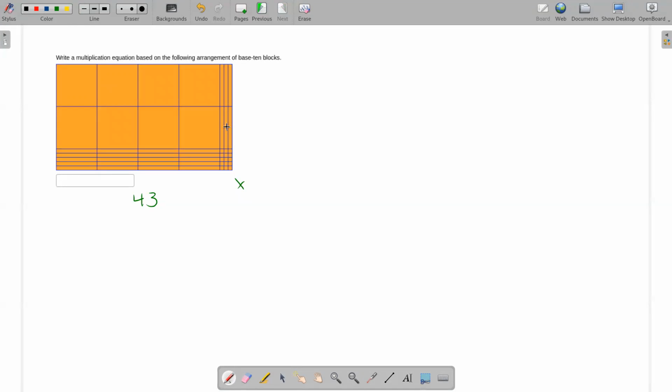By 10, 20, 1, 2, 3, 4, 5. So for my equation, so far I have 43 times 25. And you could write 25 times 43. I just prefer to write base first and height second, but we know multiplication's commutative. And then we want to figure out what the product is.